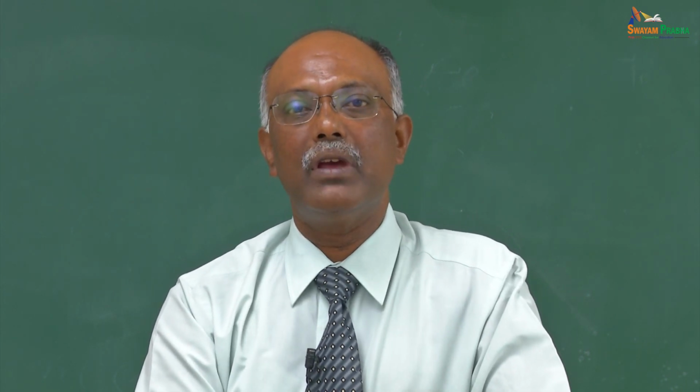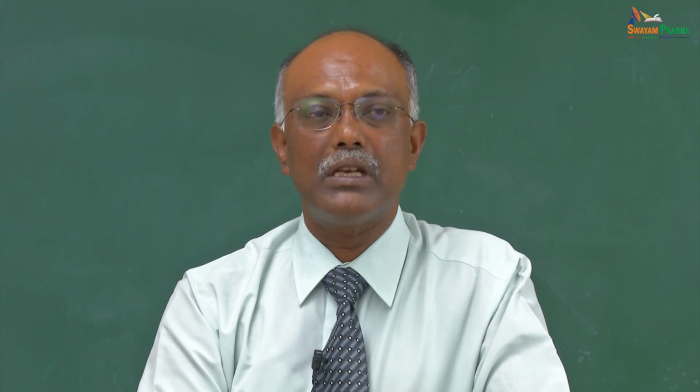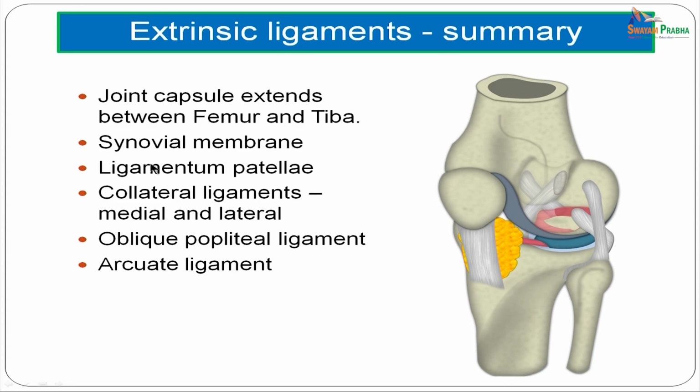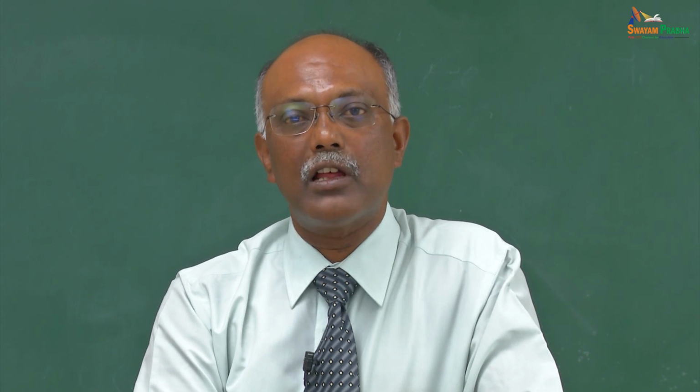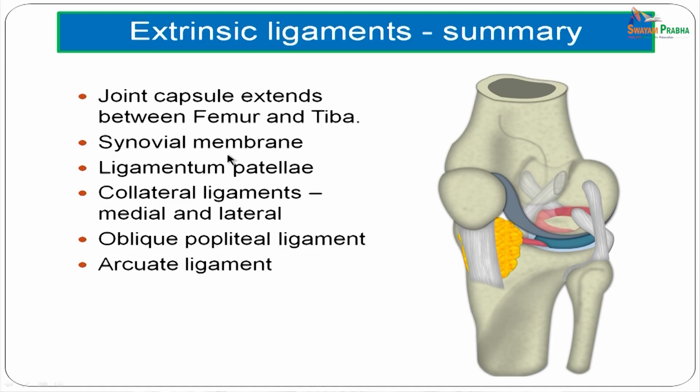We have seen the various extrinsic ligaments which include the joint capsule, the synovial membrane. We have seen the forward extension of the synovial membrane which is called the intercondylar septum, and the gap between the intercondylar septum and the infrapatellar fold which is called the intercondylar foramen. We have seen that the ligamentum patellae strengthens the anterior aspect of the joint capsule.